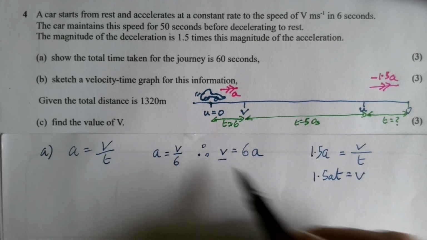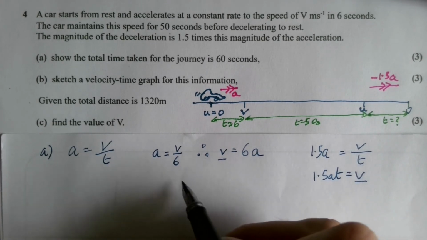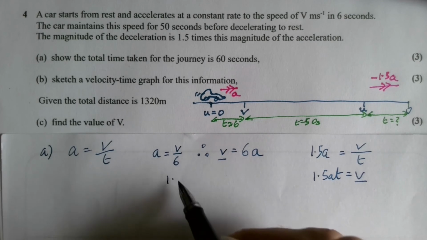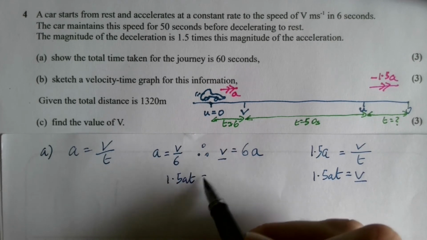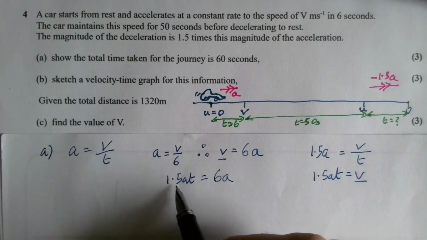Now we've got both these v's being the same, defining them in a slightly different way, so we can now say that 1.5at is the same thing as 6a.